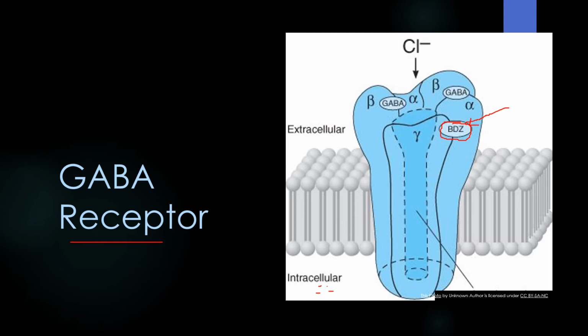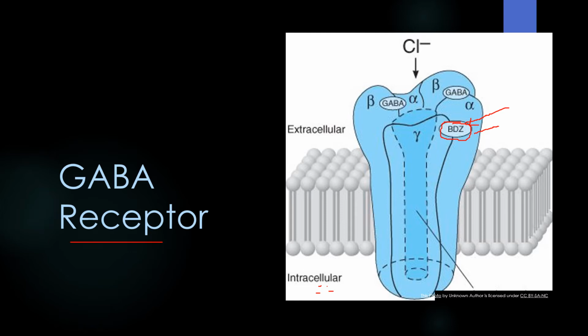Of course you will still need the GABA neurotransmitter there. This site can also be occupied by some neurosteroids inside the brain.